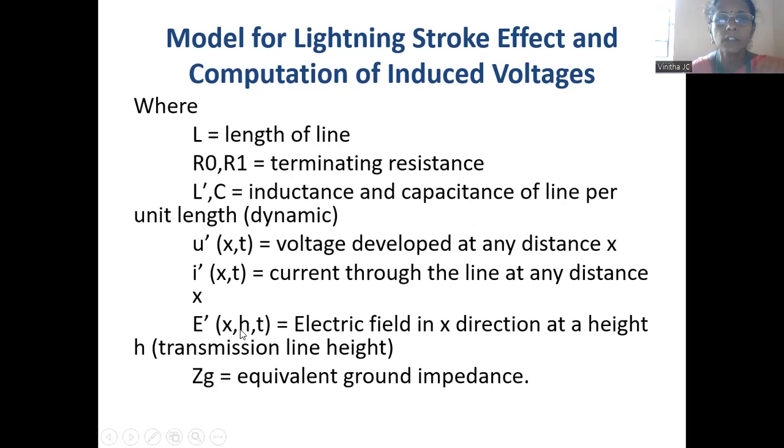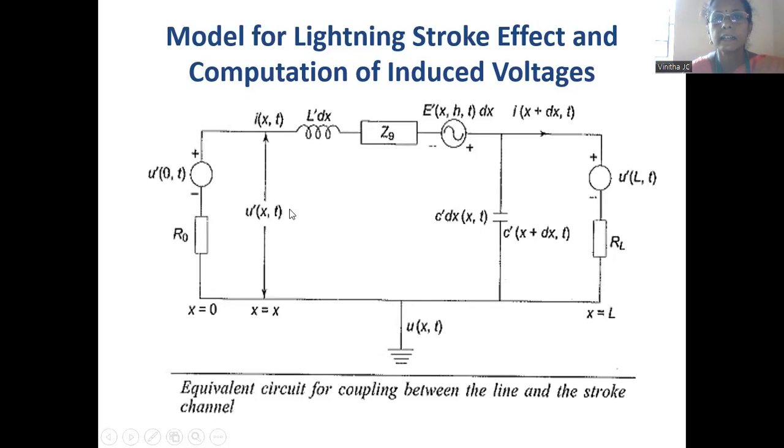Then E dash of x comma h comma t is the electric field in the x direction at a height of h. Eg is the equivalent ground impedance. So by using this equivalent circuit, we can relate the coupling of the transmission line to the lightning process. So this is the mathematical model for lightning.